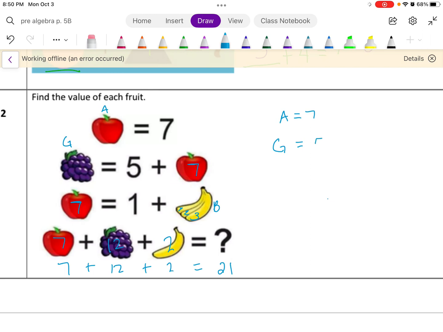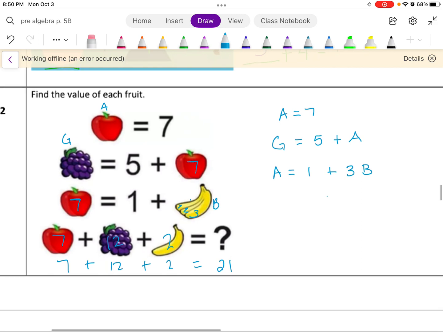G equals 5 plus A. A equals 1 plus how many bananas? 1, 2, 3 bananas. And then A plus G plus a banana equals what? Question mark, so you can put Q for question mark.